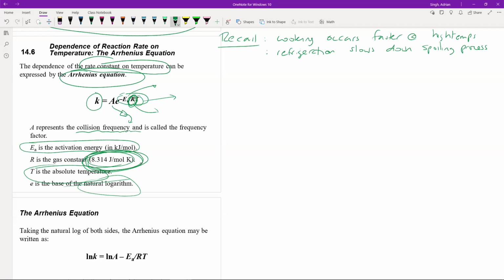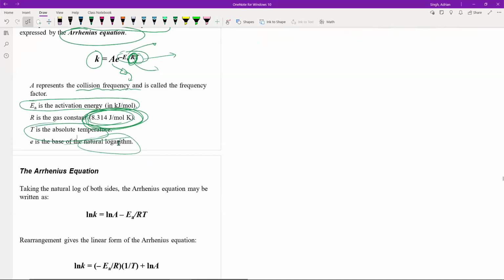Now, as it looks right now, it may look slightly complicated. What we can do is rearrange this equation, do a little bit of math, massage it, if you will, and take the natural log of both sides. So I have k equals A times e raised to the power of negative activation energy over RT.